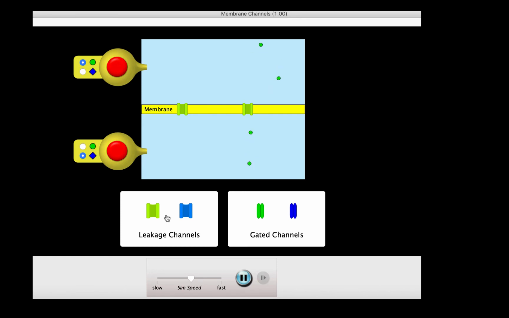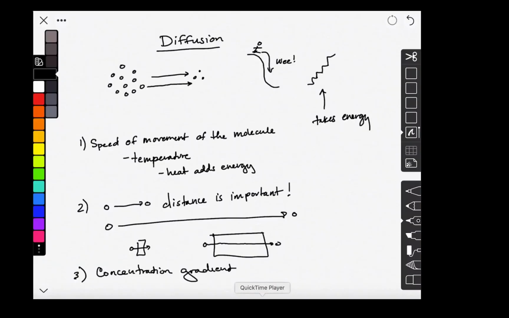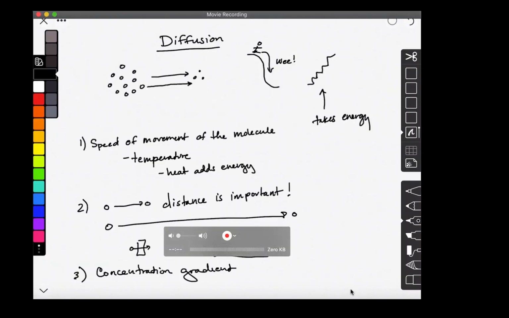Takes a while. Instead, now if I put out a lot of them, and we see how long it takes for 2 of them to get across, it's actually a much shorter time, we've already done it, than it was when we didn't have that many molecules. And that's how that concentration gradient can become really important for diffusion.